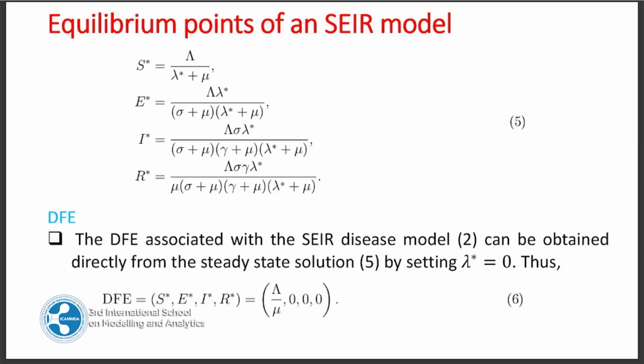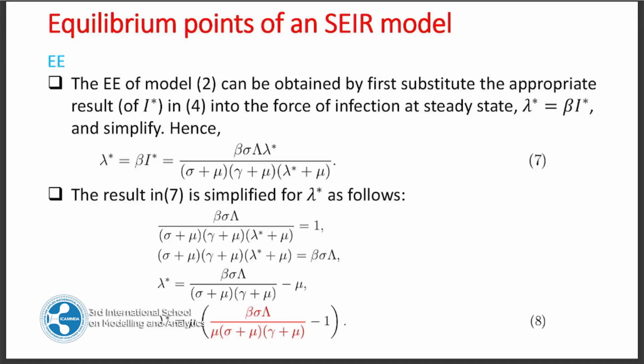If you put lambda star equal to 0 in the second solution, we get 0, ditto to the third and the fourth solutions. So that will lead to the disease-free equilibrium as given in equation 6. Is that fine?